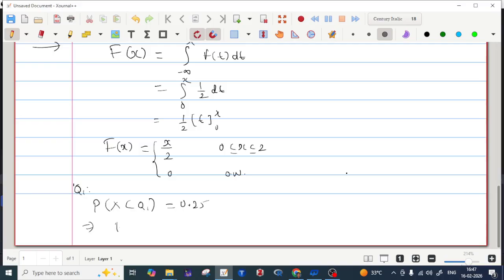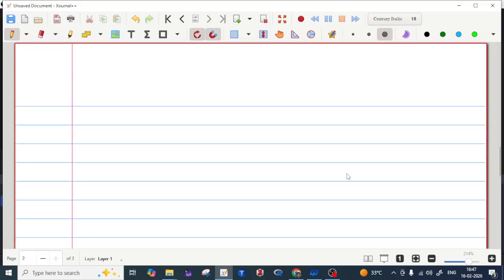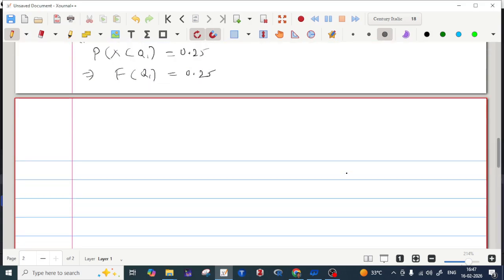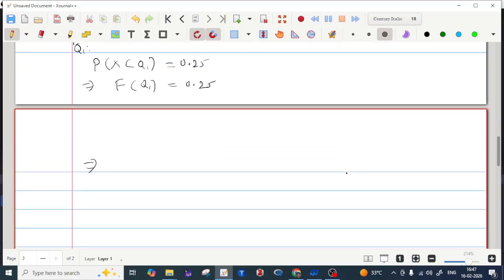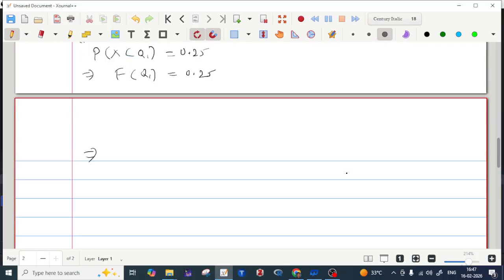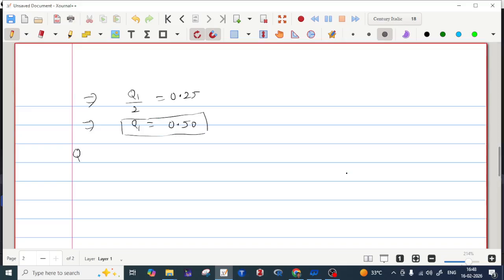This implies F of Q1 equals 0.25. F of x is x upon 2, so Q1 by 2 equals 0.25. This implies Q1 equals 0.5. Similarly, we can obtain Q2 and Q3. Q2 is the median.